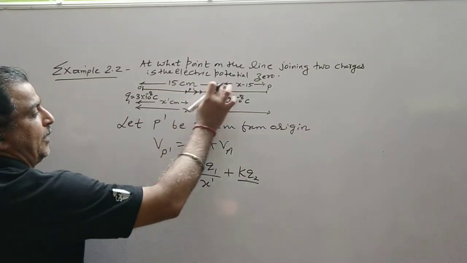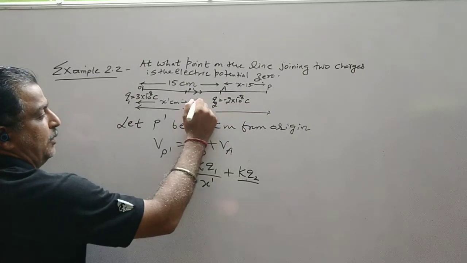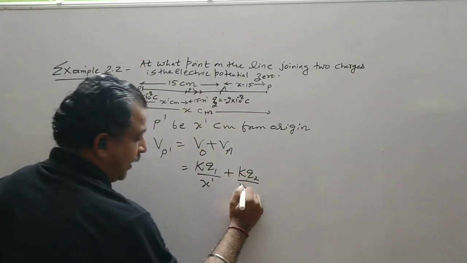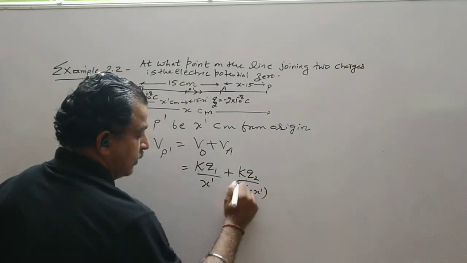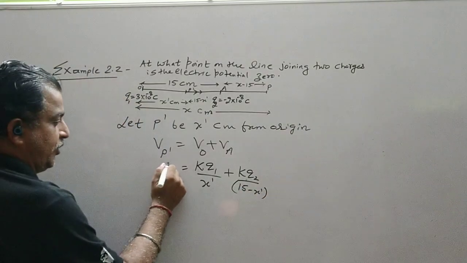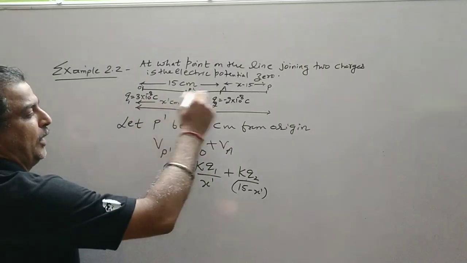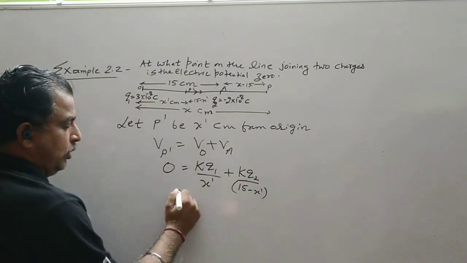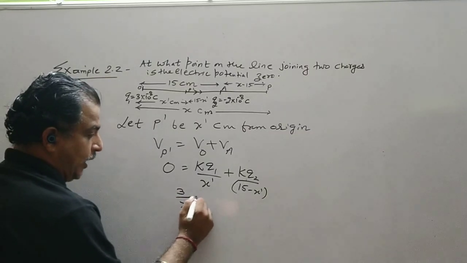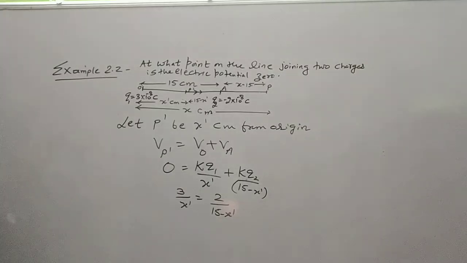The entire distance is 15 and this is X dash, so this distance becomes 15 minus X dash. Now the potential is 0, so K is gone again. Again 3 into 10 raised to minus 8, minus 2, so it becomes 3 upon X dash is equal to 2 upon 15 minus X dash.